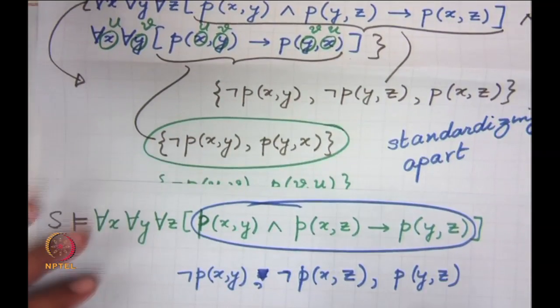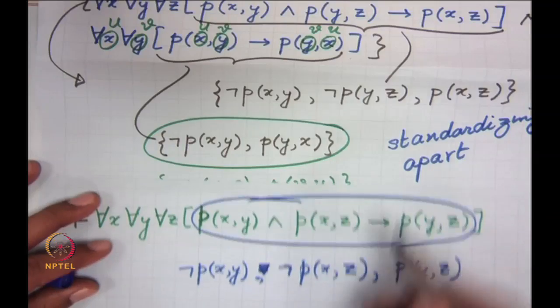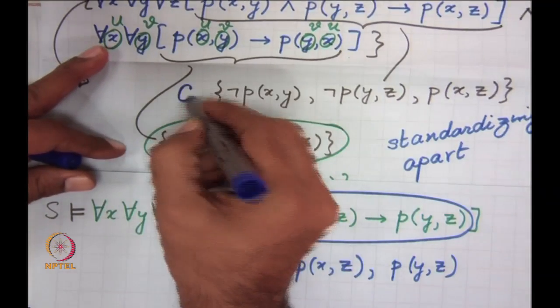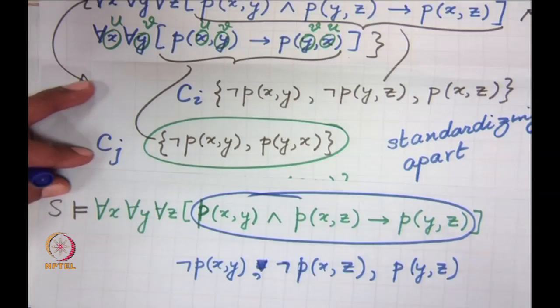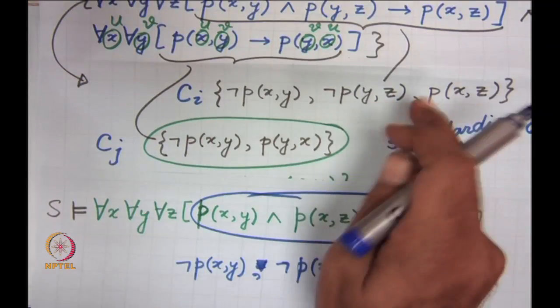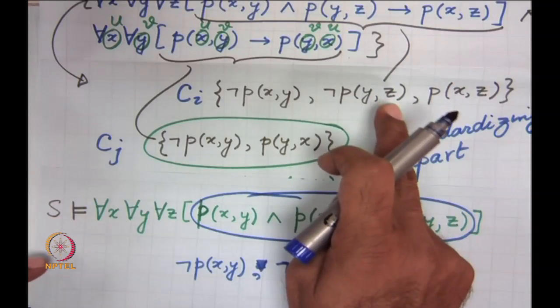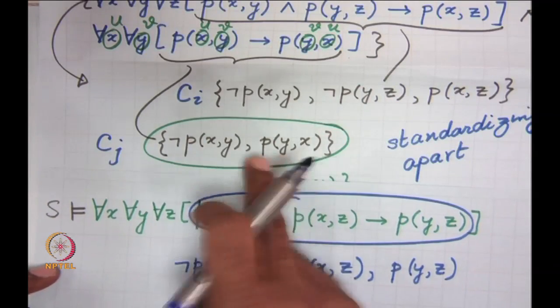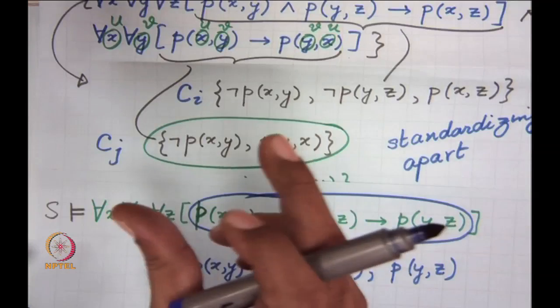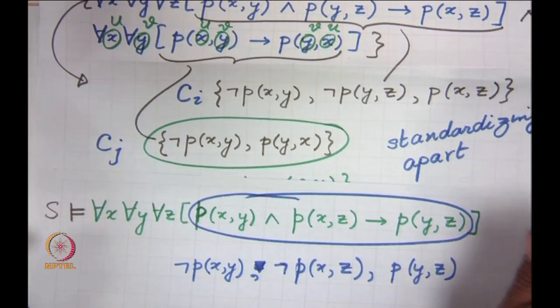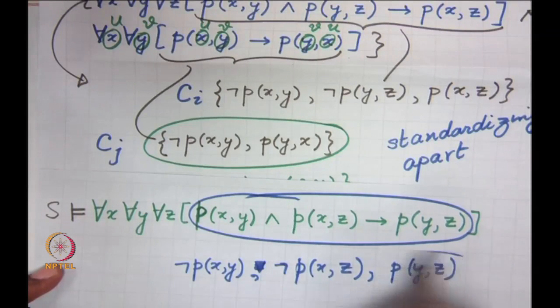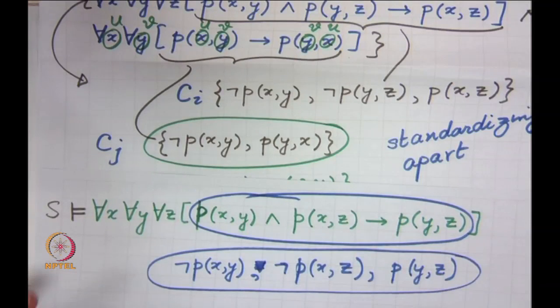Okay, so what I am going to try to do is, these are my clauses Ci and Cj. I have to choose some subset here and some subset here which are complementary, unify them, find the appropriate substitution, do that substitution throughout, and essentially derive this. So one thing is clear.